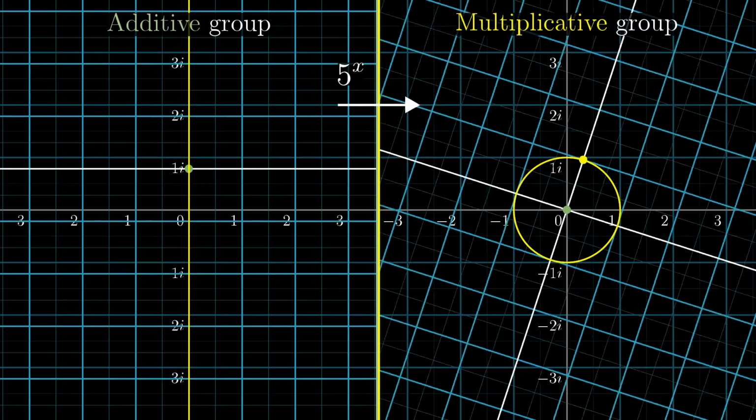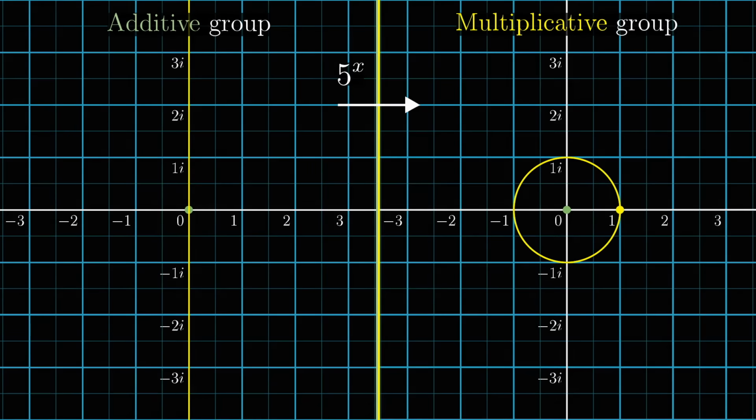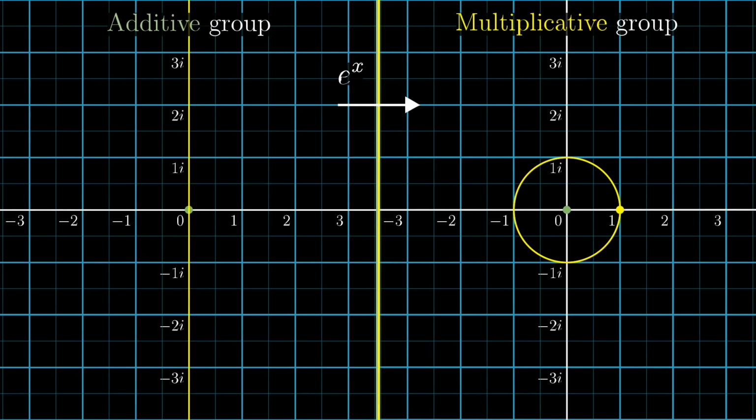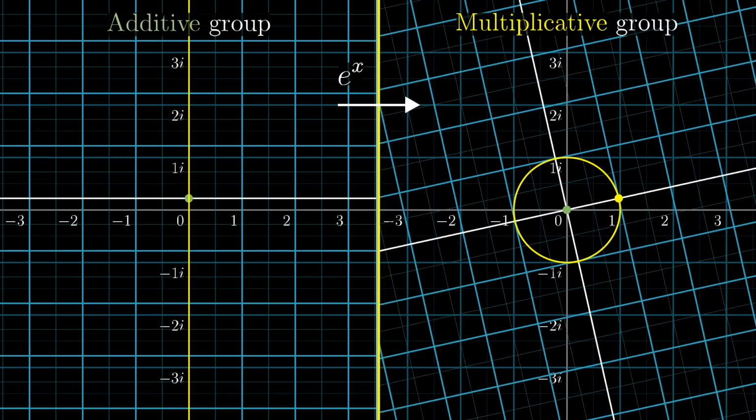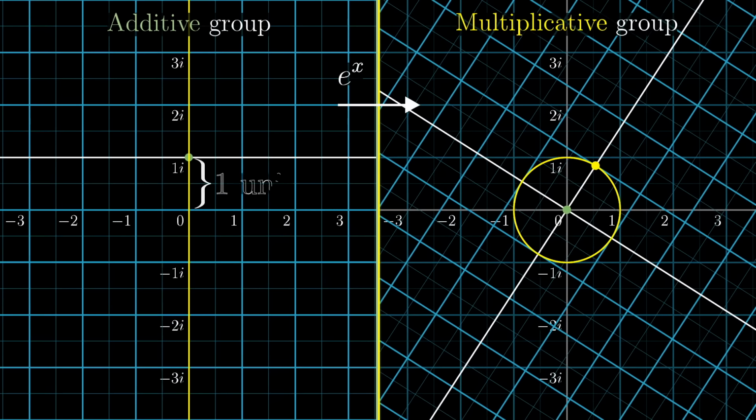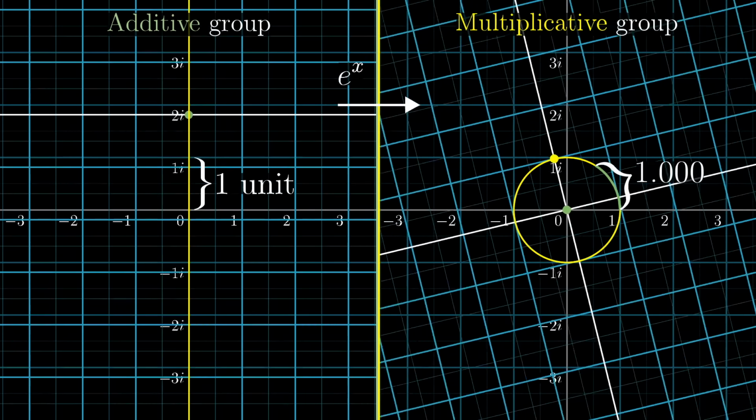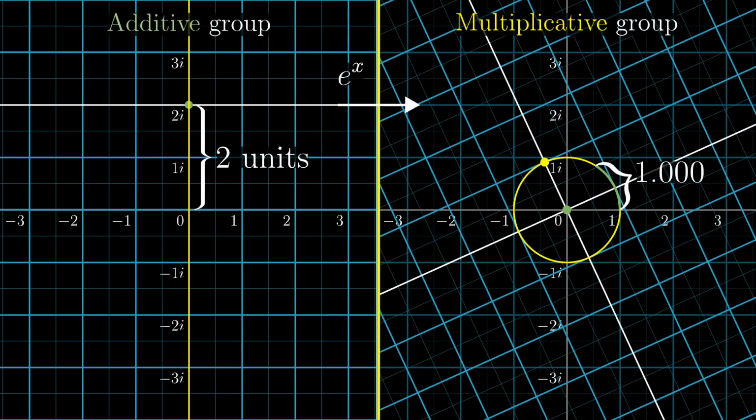What makes the number e special is that when the exponential e to the x maps vertical slides to rotations, a vertical slide of 1 unit, corresponding to i, maps to a rotation of exactly 1 radian, a walk around the unit circle covering a distance of exactly 1. And so a vertical slide of 2 units would map to a rotation of 2 radians.